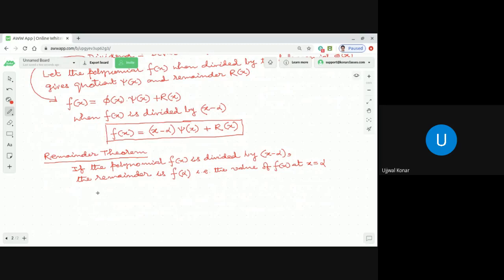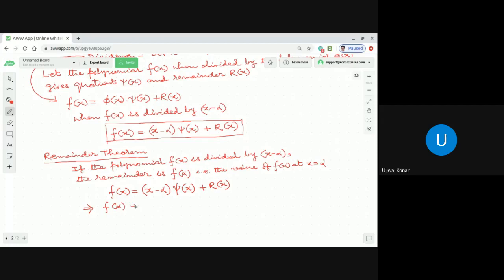So from the division algorithm, what can we say? We can say f(x) equals x minus alpha into psi(x) plus R(x). Clear or not clear? Now what we are going to do is apply alpha instead of x.